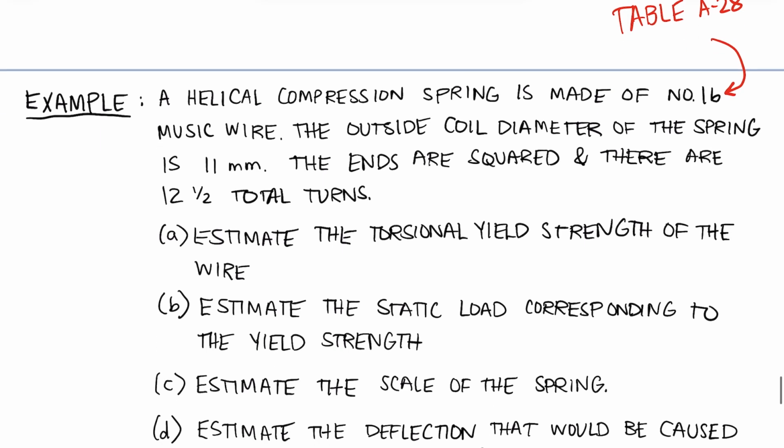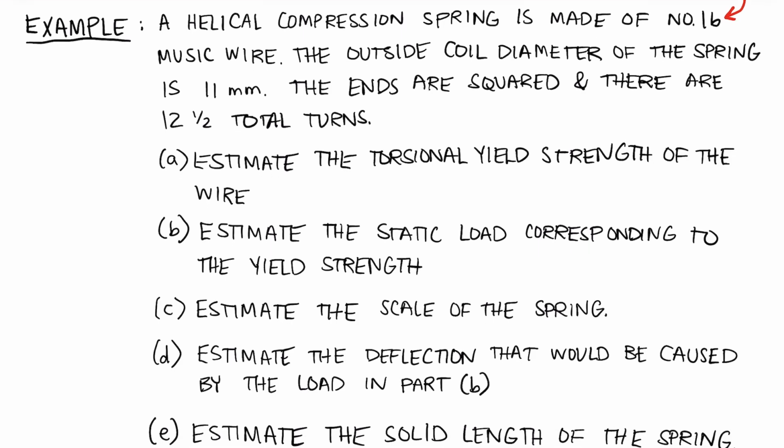Okay, and then we're also told that the outside coil diameter, remember this is the outside diameter, so we're going to need to find the mean diameter at some point. But we're given this outside diameter as 11 millimeters. We're told that the ends are squared, so remember that just means that the ends have been flattened, but not ground.